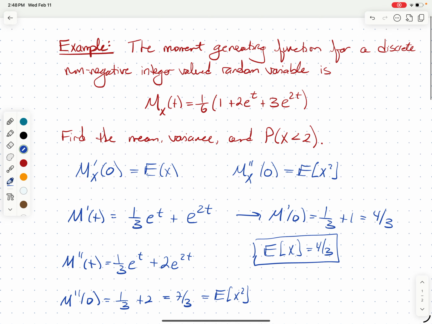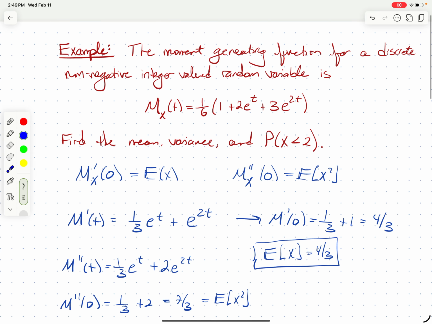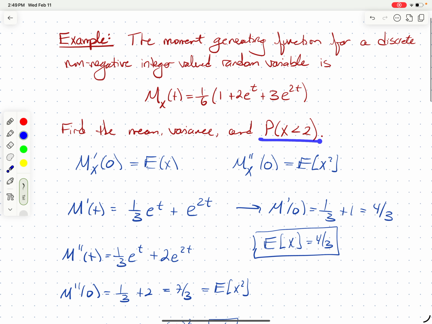So the moment generating function, even though it doesn't tell me all the different probabilities, right? It's not the probability density function. It still captures all of the key information about my distribution. And in fact, in the discrete case, it actually captures those probabilities as well. So let's tackle the last part.